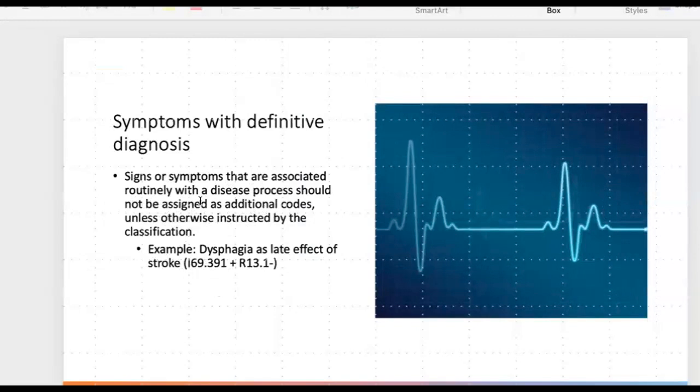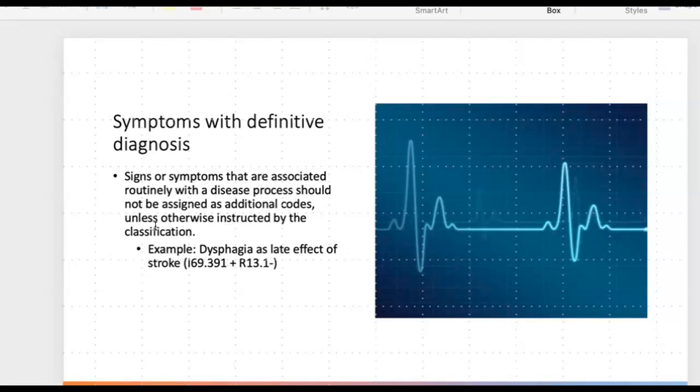By the way, this discussion on signs and symptoms is in chapter 18 of the ICD-10-CM, section 1. Okay, so let's break this down. Signs or symptoms that are associated routinely with the disease process should not be assigned additional codes unless otherwise instructed by the classification. And again, the example here is dysphagia as a late effect of stroke.